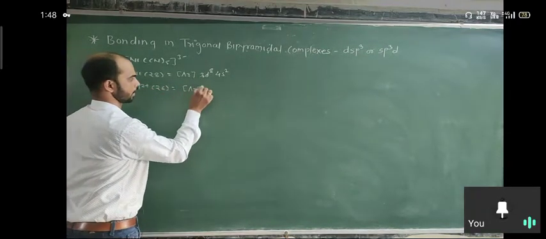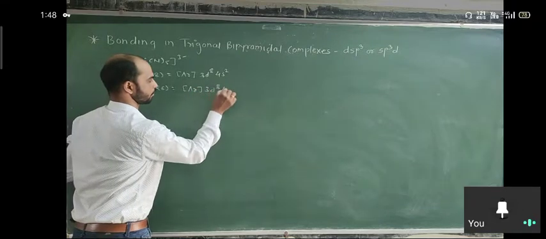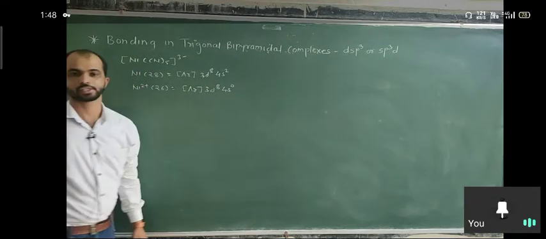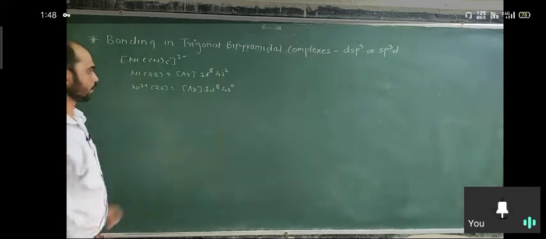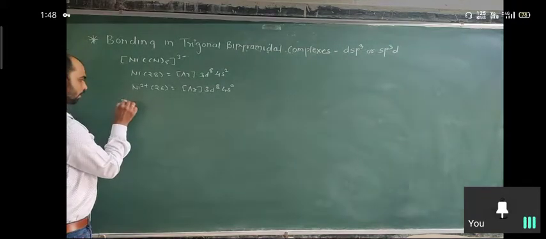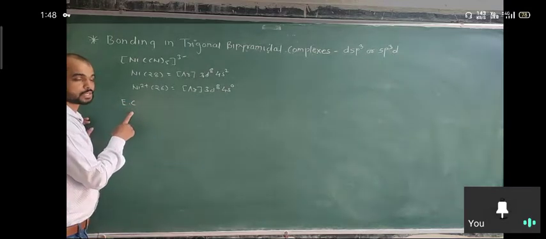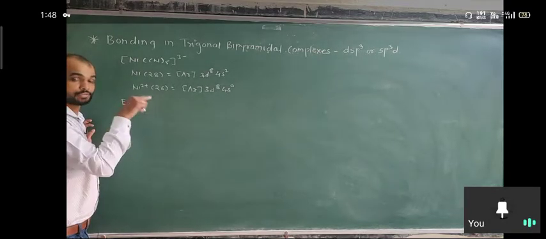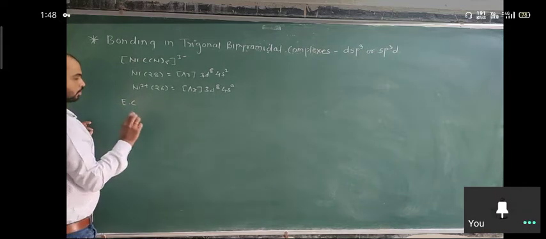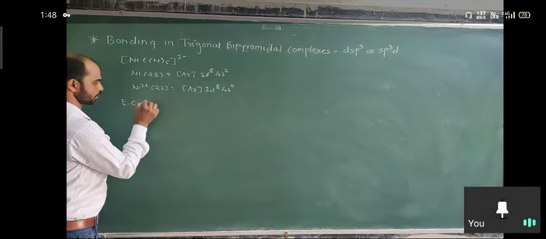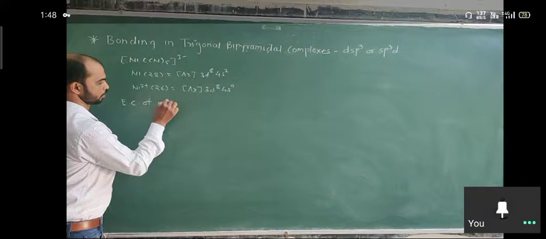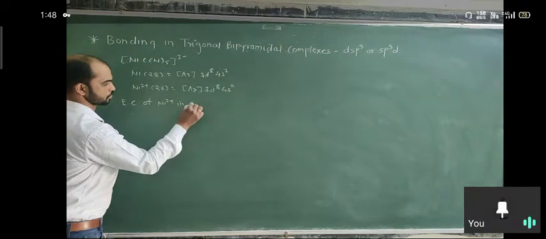So Ar 3d8 4s0 is the electronic configuration. There are 8 electrons in the 3d orbital. I am just using the short form here, but you write the electronic configuration in full, not a shortcut. So the electronic configuration of Ni2 plus in the ground state.